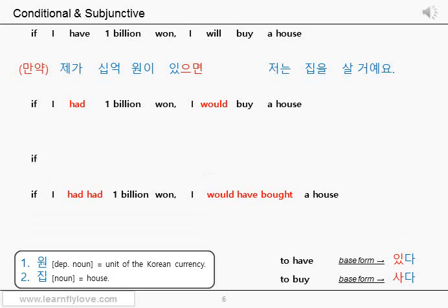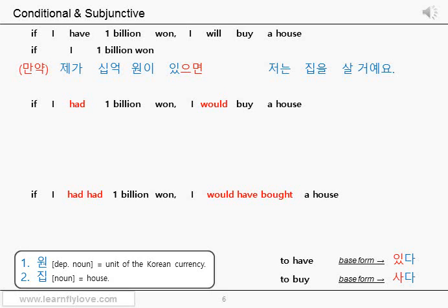만약, if, 제가, I, 10억 원이, 10 is 10, and 억 is 100 million. 10 multiplied by 100 million is a billion. 원 is the unit of the Korean currency. 이 is the particle.